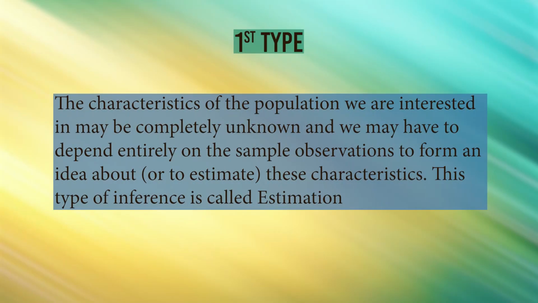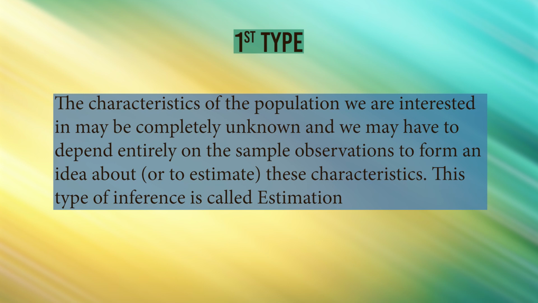There are two broad types of statistical inference. The first type is estimation. What is that? The characteristics of the population, what we are interested in, may be completely unknown, and we may have to depend entirely on the sample observations to form an idea about these characteristics.